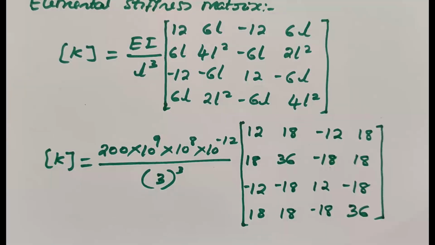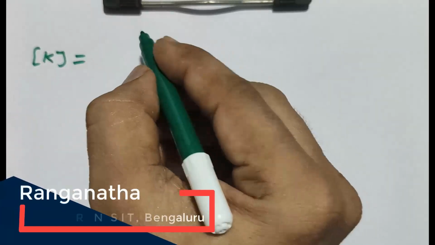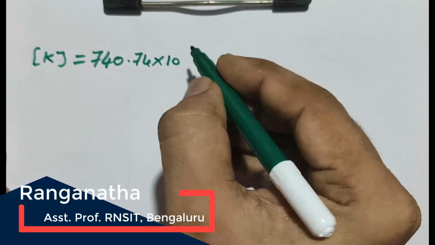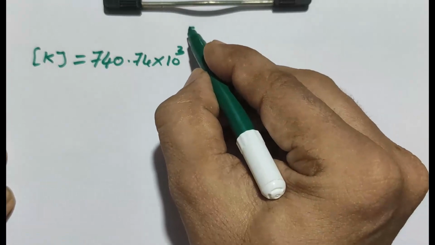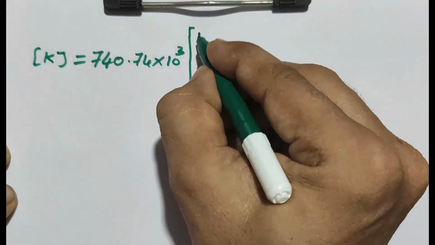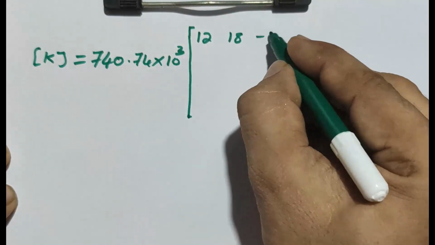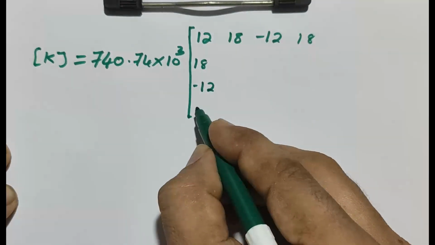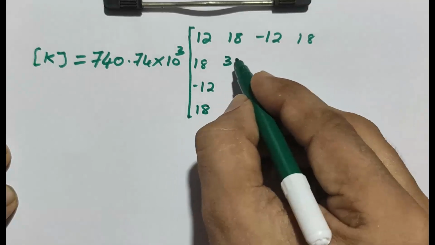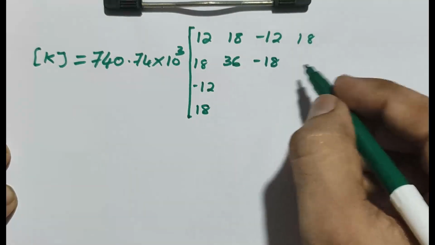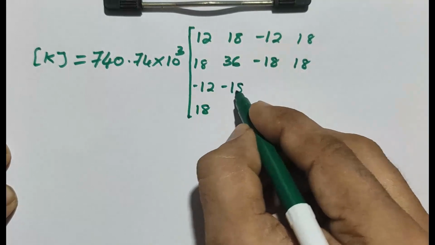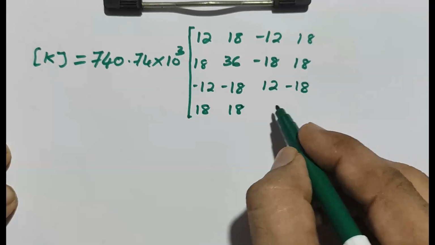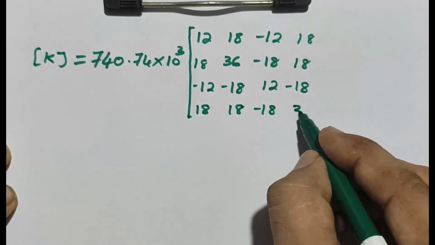Simplify this, we will get K is equal to 740.74 into 10 power 3, times the matrix: 12, 18, minus 12, 18; 18, 36, minus 18, 18; minus 12, minus 18, 12, minus 18; 18, 18, minus 18, 36.